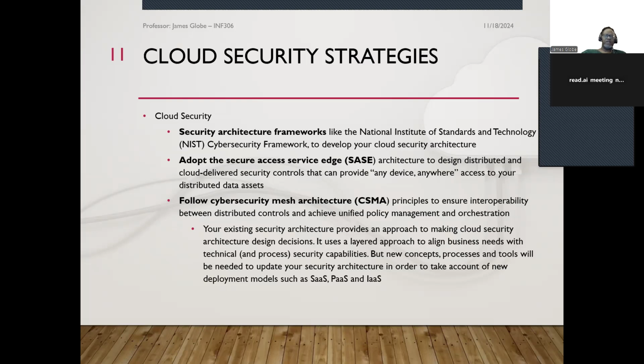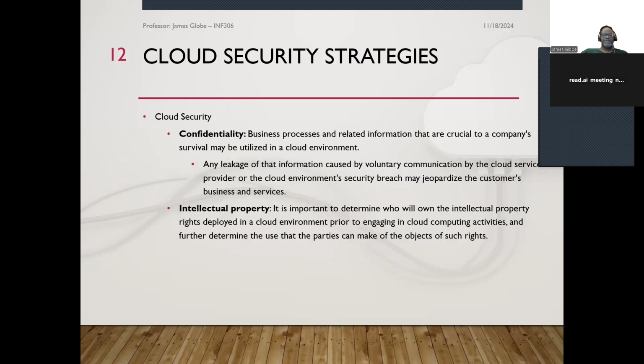So that's your mesh architecture. It's similar to micro-segmentation, again another big word, but basically if you isolate the HR department and the HR applications to the HR staff and give them access, that means you don't have to give engineering access or sales access to the HR area. That's mesh architecture basically.